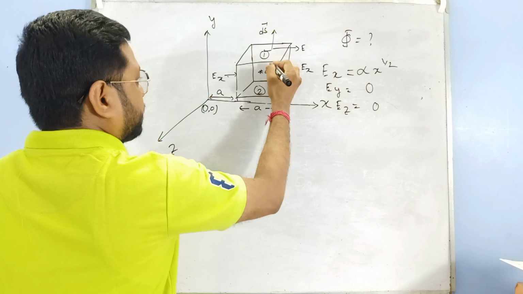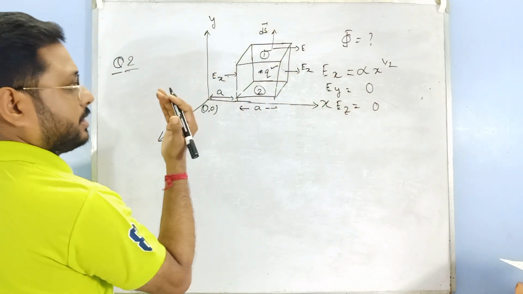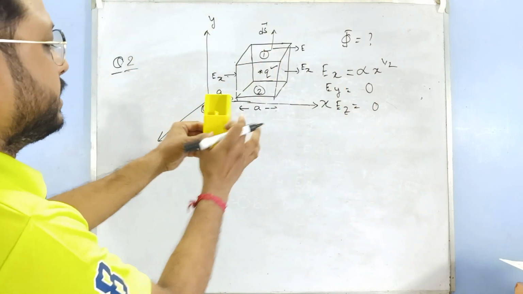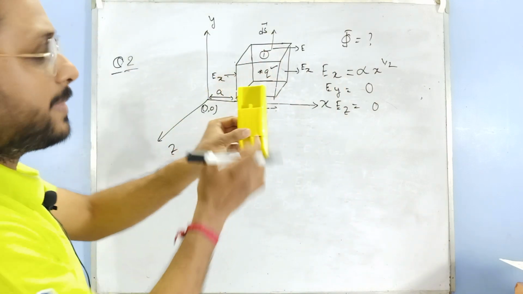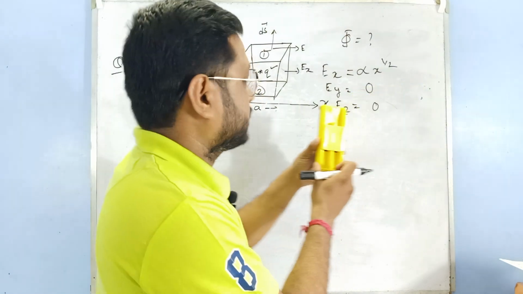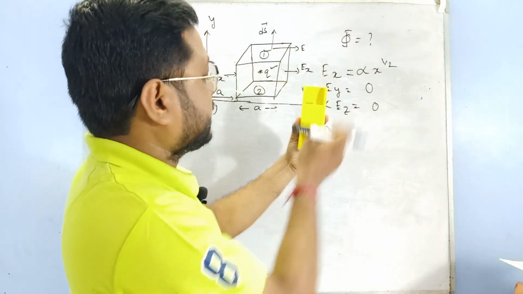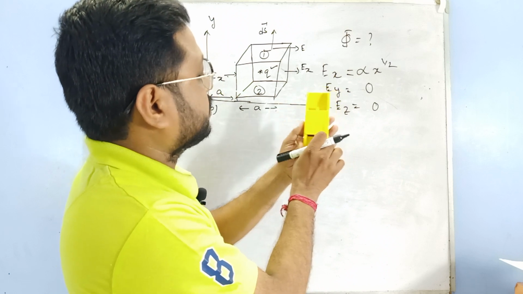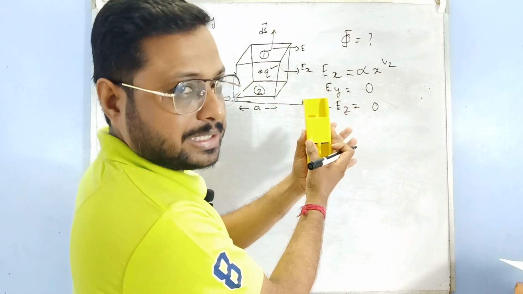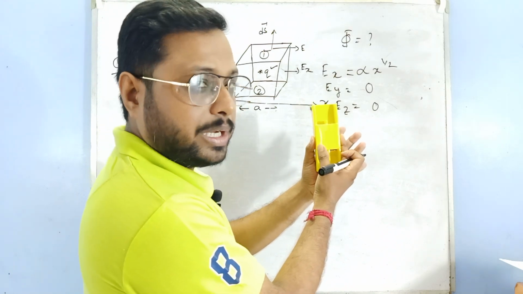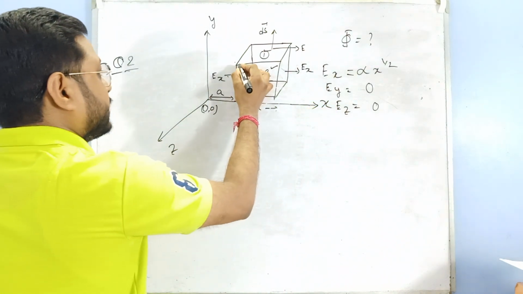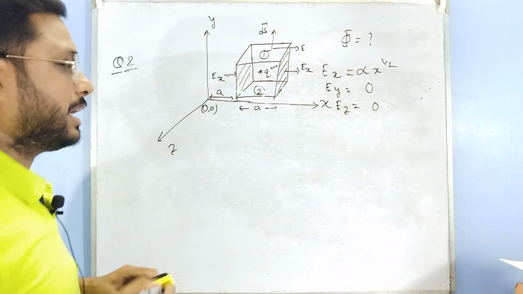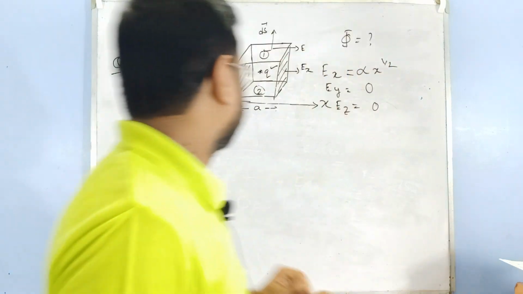Similarly, for the front surface and the back surface, the flux is 0. Only the two side surfaces have the electric field parallel to the area vector dS.